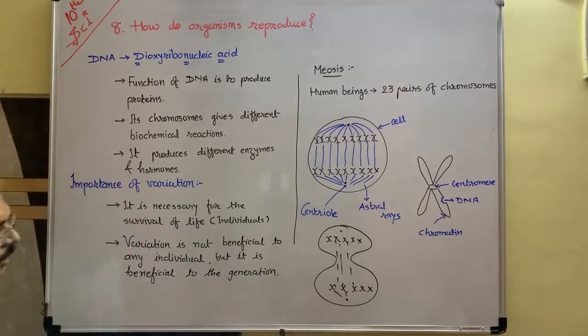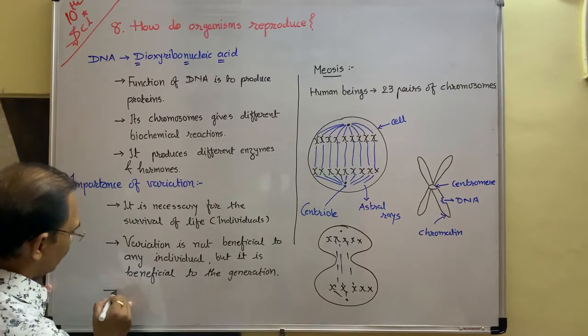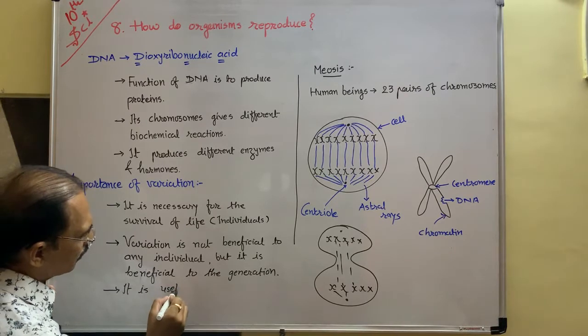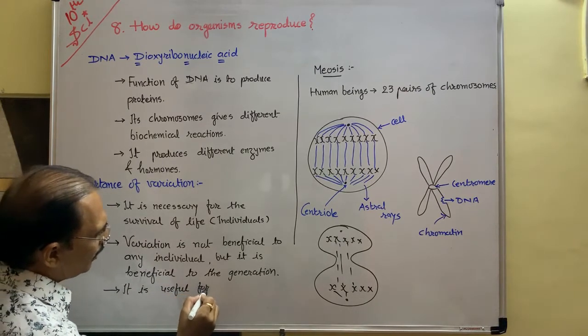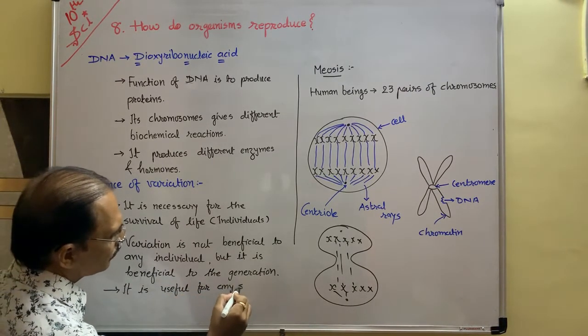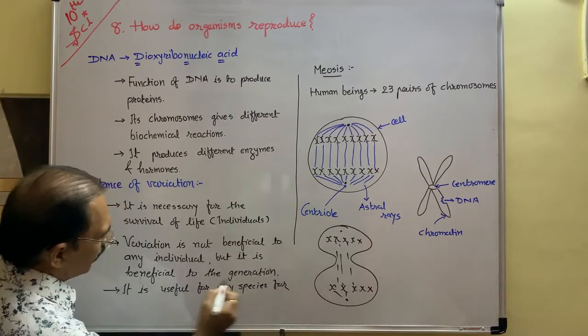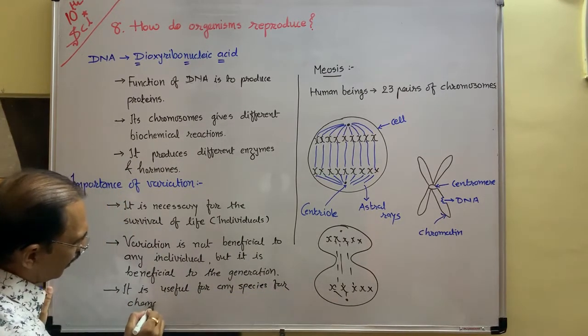One after another generation, that means in the hereditary. It is useful for survival of species in any changeable environment. It is useful for any species for changing environment.